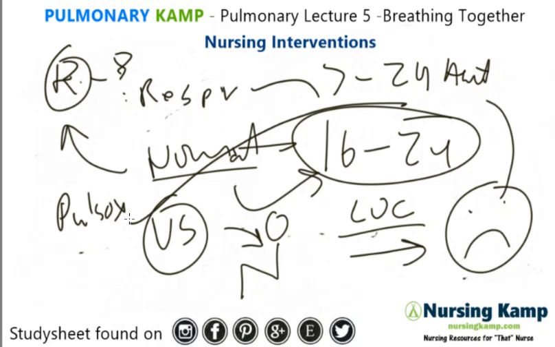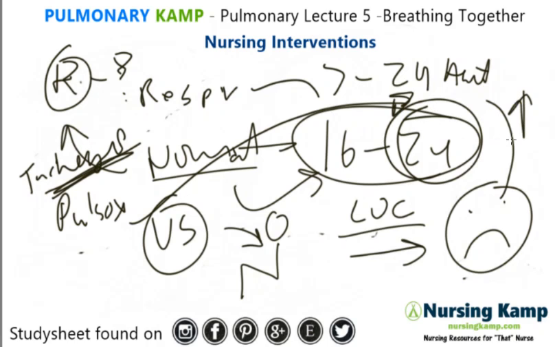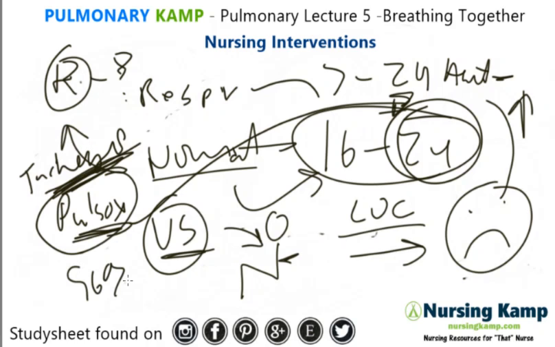Because if they're greater than 24, they're tachypneic. And that was in our previous lecture on terms. So if we have a change of respiration and it's elevated, anywhere greater than 24, that is a tachypneic patient. We need to assess the vital signs, put them in high Fowler's, and assess their pulse oximetry. And hopefully it's greater than 96%.